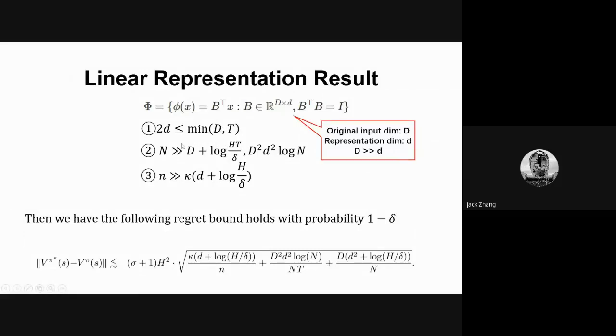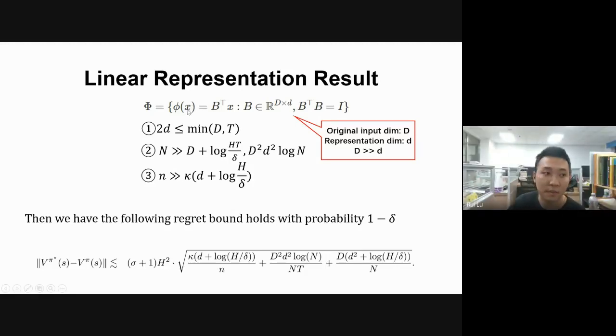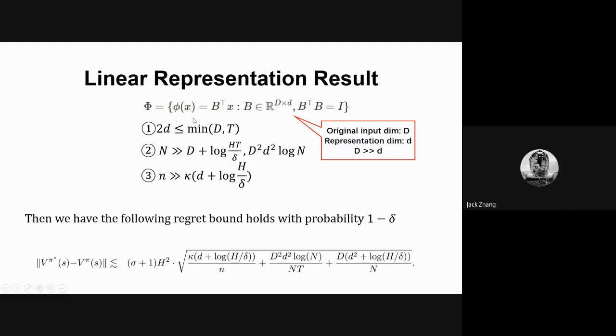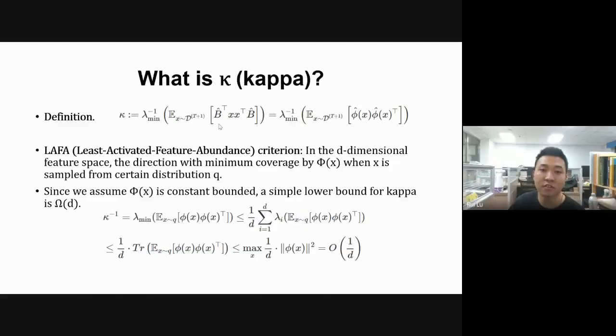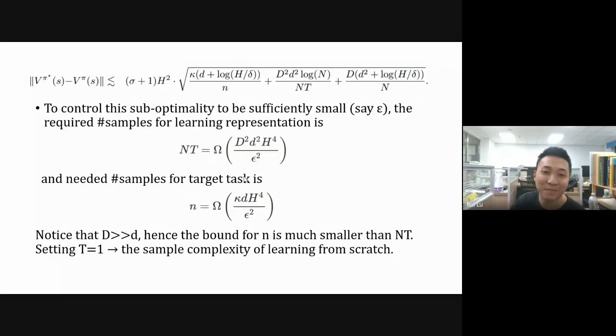Phi of X. I guess X is the vectorization of SA pairs. Yes, you're right. So X itself is already a feature, it's already a vector. Yes, it is capital D dimension. So if you just treat it as a linear MDP on X, what's the sample complexity of learning if you just apply any MDP algorithm? You're right. That is exactly what I'm going to talk about.